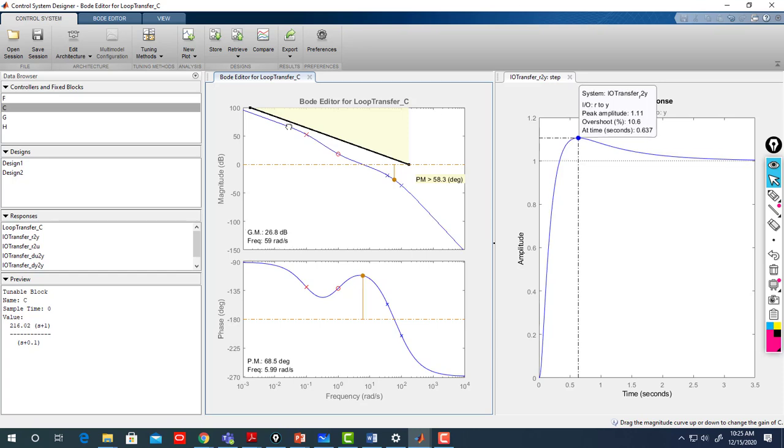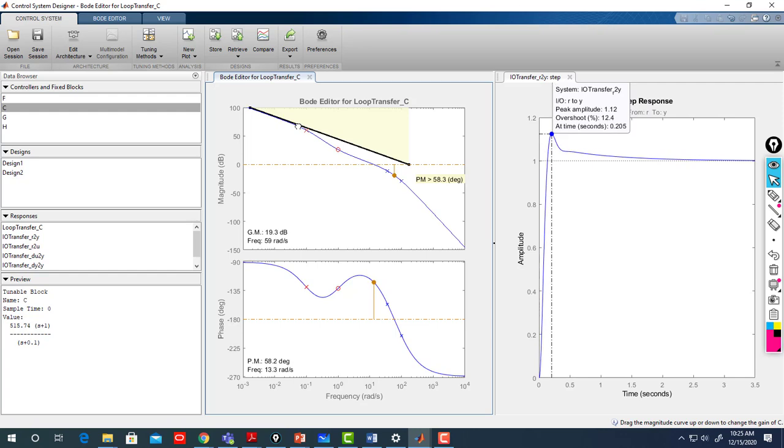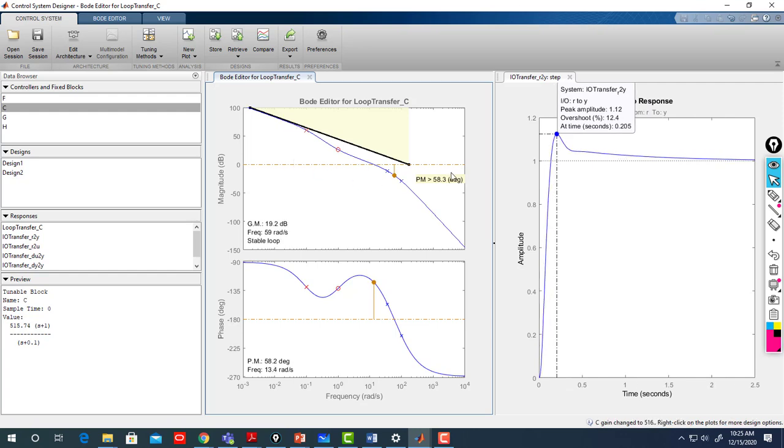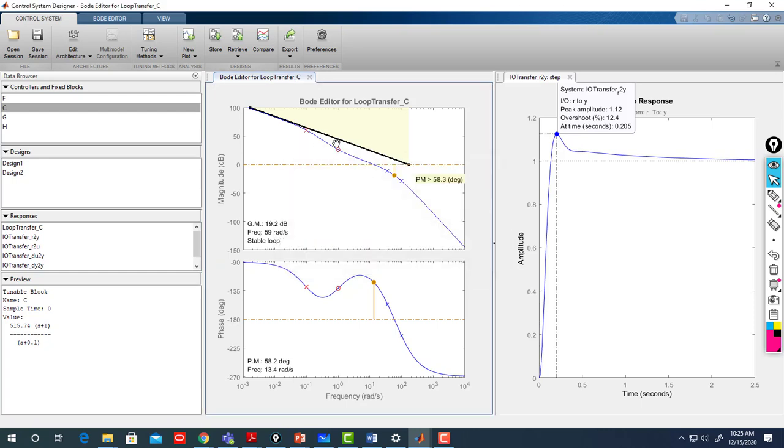This is your design requirement. So now if I keep approaching it this way, you have a phase margin of 58.2, but this is your design requirement. You can re-verify it. It seems okay. So then you cannot go overpass it.